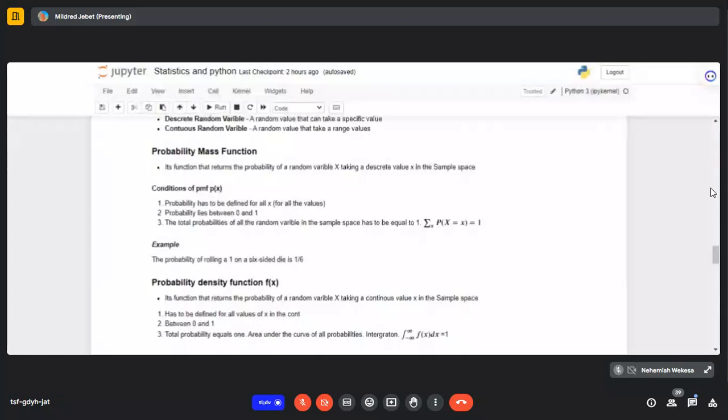Do you mind giving us a real world example of how you can use the probability density function? I don't mind. Let me try. Let's start with the probability mass function. If we are tossing a coin, we only have two possibilities: either getting a head or a tail.